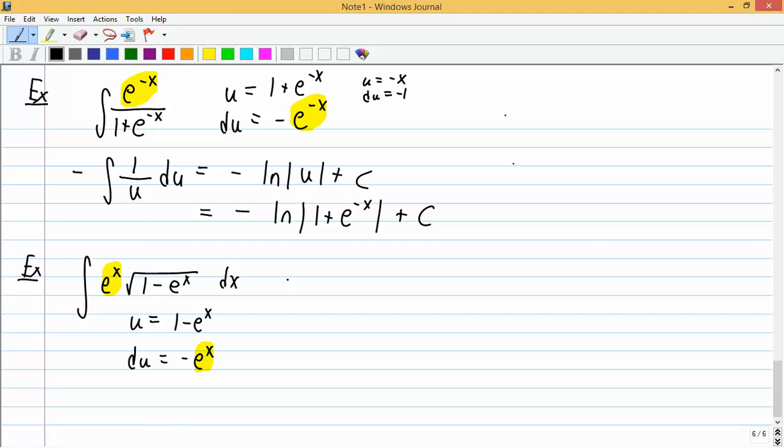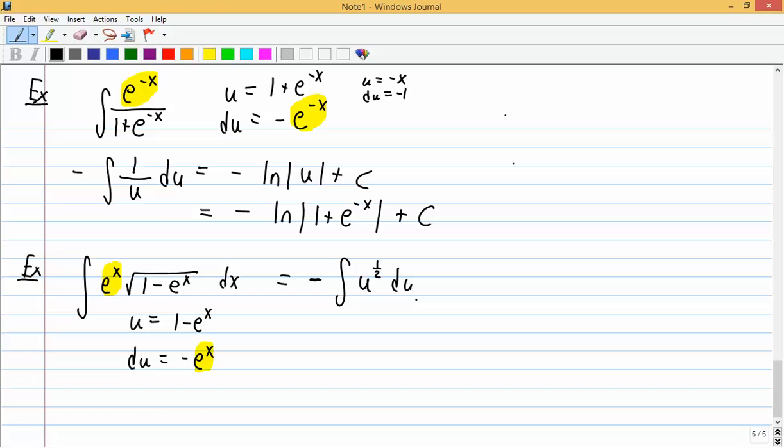So how would this rewrite now? Of course, I've got to bring a negative out. Integral, I let my u be everything under the radical, so it's u to the 1/2, right? Not just u, but u to the 1/2, or the square root of u, du.